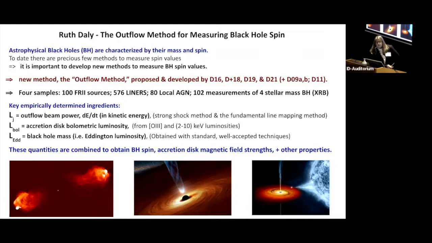The key empirical ingredients that go into determining the black hole spin in this picture are the beam power of the outflow, denoted here as L_j, which is determined using the strong shock method and the fundamental line mapping method. The bolometric accretion disk luminosity, which is obtained with 2 well-established methods for different samples. And the black hole mass, which is also determined with well-established methods.